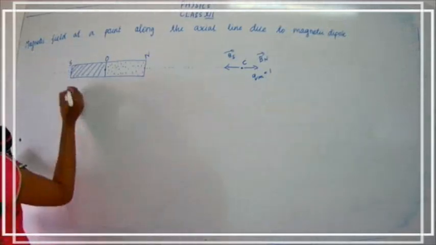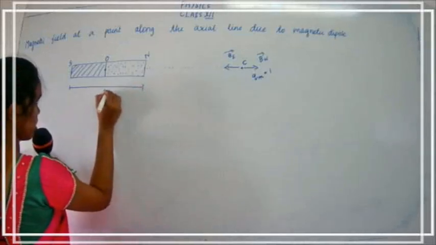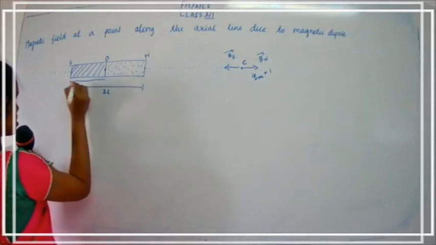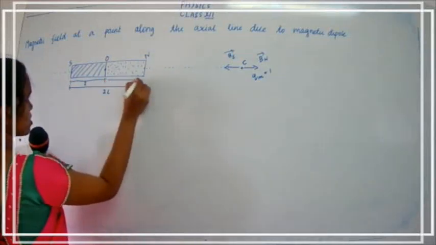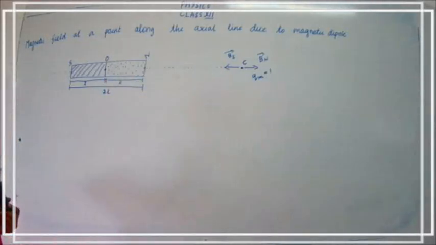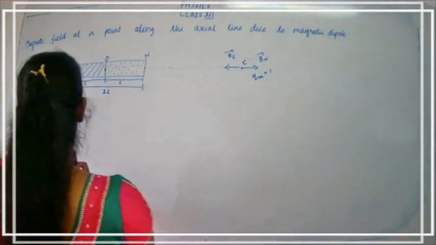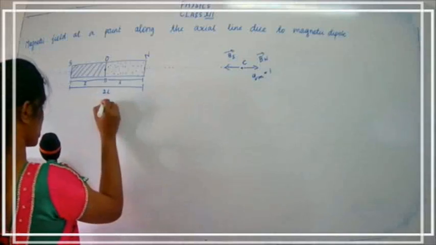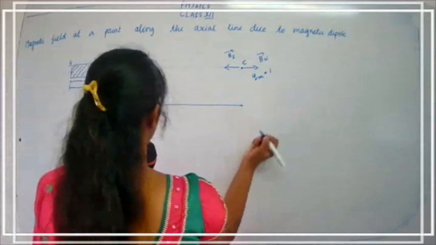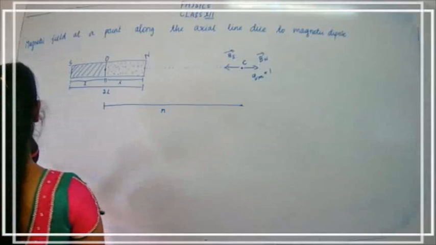Now the distance between the two poles of the magnet is 2L. If we divide it, this is L, this is another L, that is 2L. Now the distance between the geometric center O and C is represented by r.